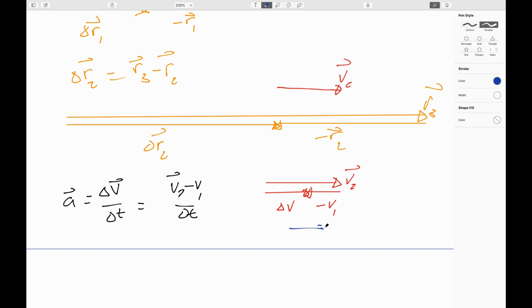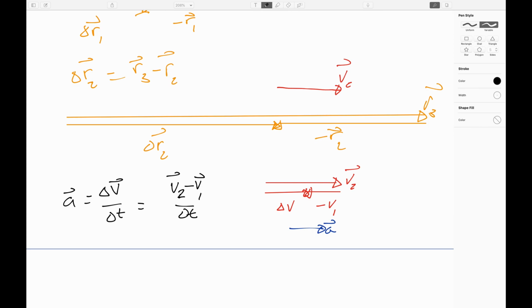So then we conclude that my acceleration points to the right. And we've seen this before. If all that's happening is speed is changing, if the speed is increasing, the acceleration will point in the same direction as velocity. And if the speed is decreasing, it'll point in the opposite direction of the velocity.